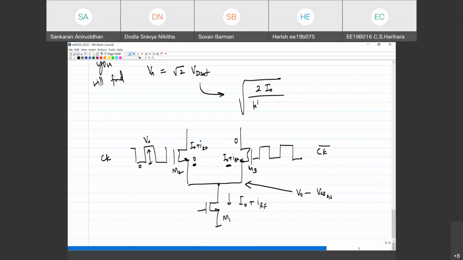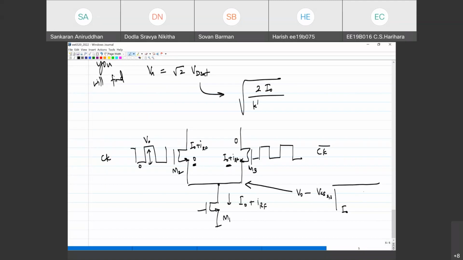It is expected to be some DC value at V0 minus VGS 2,3, correct? Because at any instant, either M2 is on or M3 is on, and each of them has a gate voltage of V0 and a current of I0. So this voltage is expected to be constant, flat at this voltage.